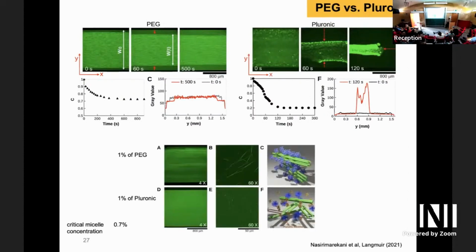We believe the reason is that the PEG forms these bundles. If you then polymerize them and then dilute, they form these thick and long bundles. In the case of the pluronic, at least for the concentration that we use, you get a kind of isotropic network. These bundles are thinner, and we believe that the organization of the microtubules in the network then determines the stronger transfer of the force of the motors.